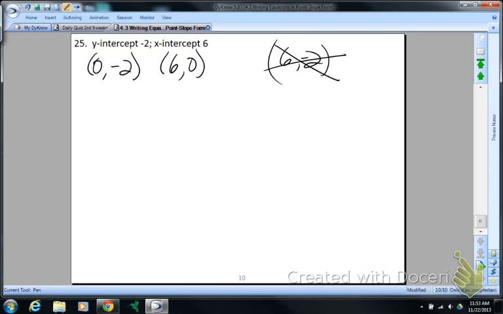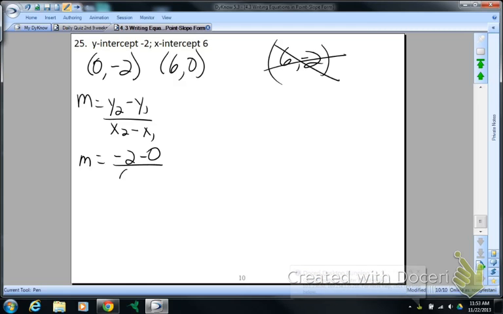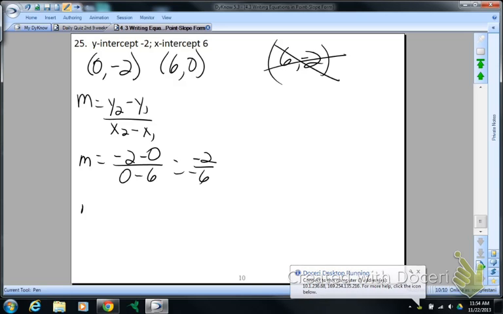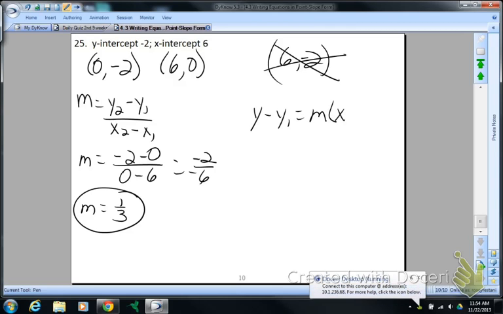Our slope. So that's negative 2 minus 0 over 0 minus 6. That's negative 2 over negative 6, which is 1/3. Now, do I have to use the point slope formula? Because when I do that, I am simplifying down and I'm eventually finding my b.